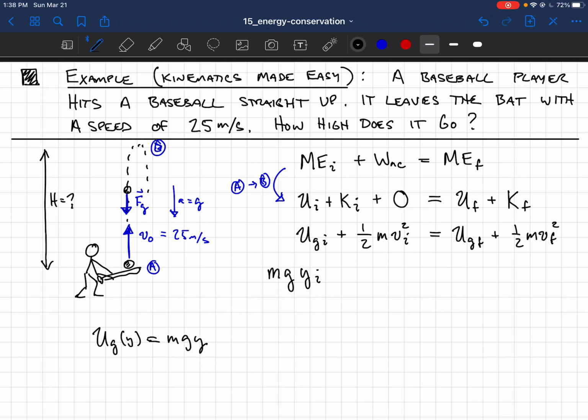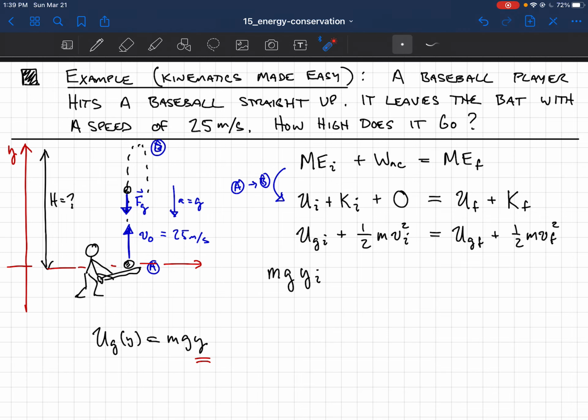Now just writing that down should remind me that I need to specify what I mean by y. And y is an axis that points upward, so I should draw that coordinate axis, y. I also need to choose where its origin is, and I'm going to choose the origin right here. So this is my x-axis. I choose that because then I'm going to be able to say that y initial is equal to 0. So we'll wait till the next moment to plug that in.